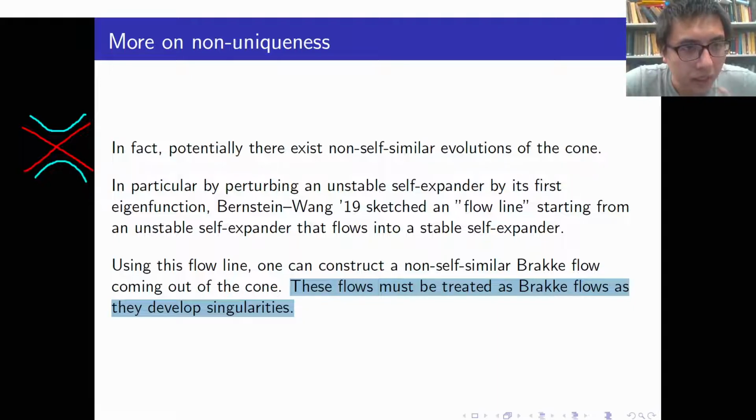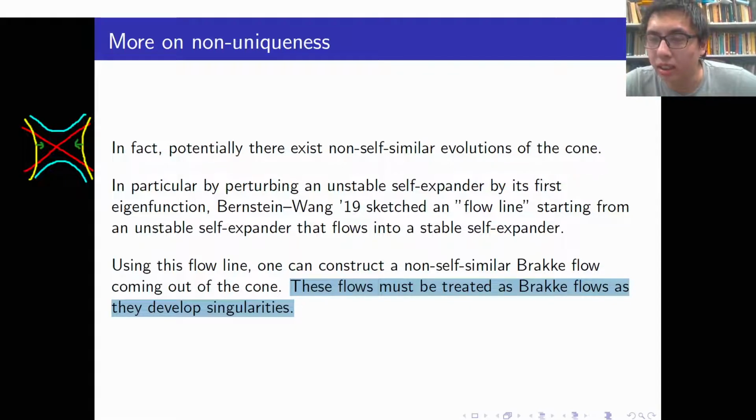And if you take the innermost connected guy, which is, let's say, yellow, as we said, if I only have three self-expanders, the innermost connected one has to be unstable. If you perturb this on one side, especially on the inside, by the eigenfunction, and you run the flow of Bernstein-Wang, it has to flow into a stable self-expander, because I'm choosing the innermost connected self-expander asymptotic to the cone.